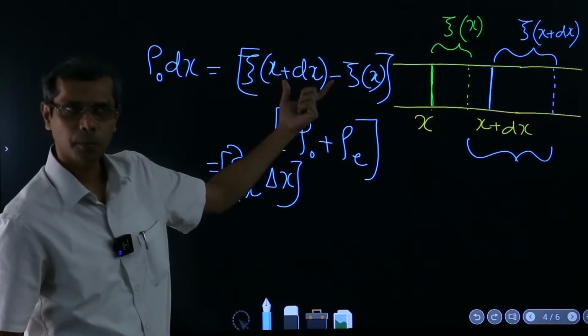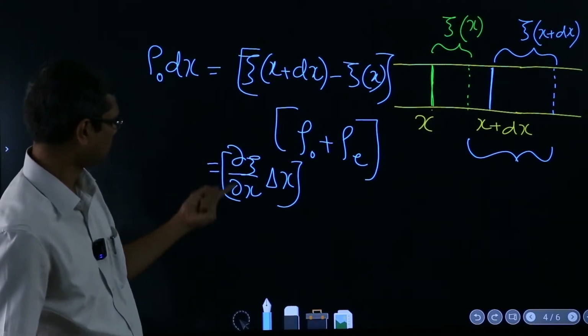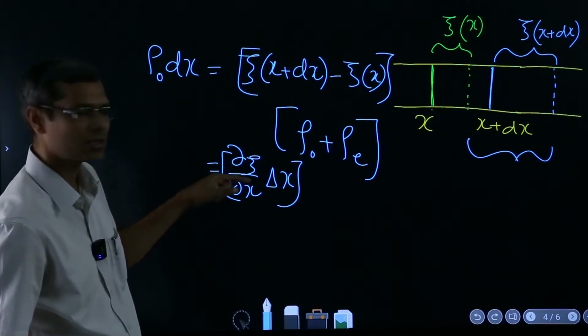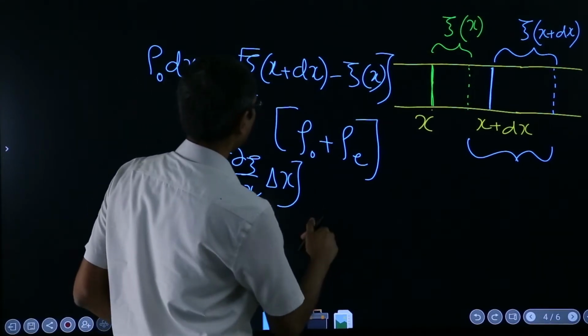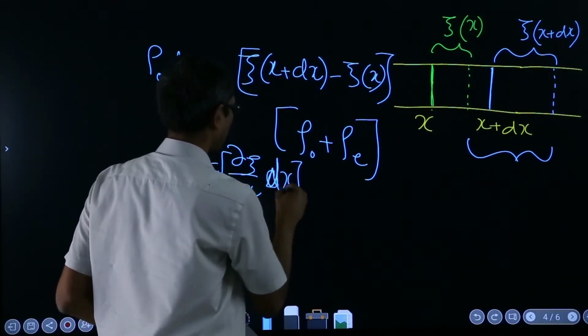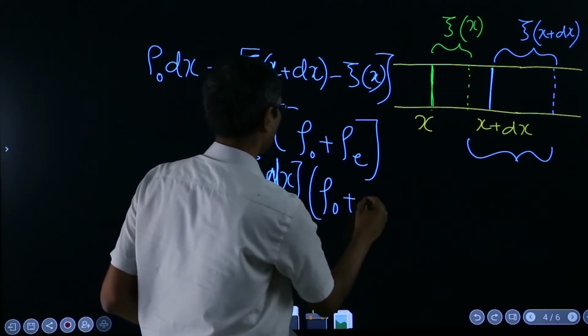This term. The change in psi times this, because the definition of this is this by del x, okay? And I could have written dx, whatever, okay. And this one is rho naught plus rho e.